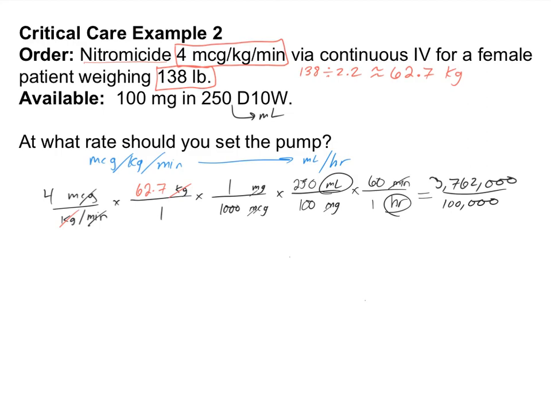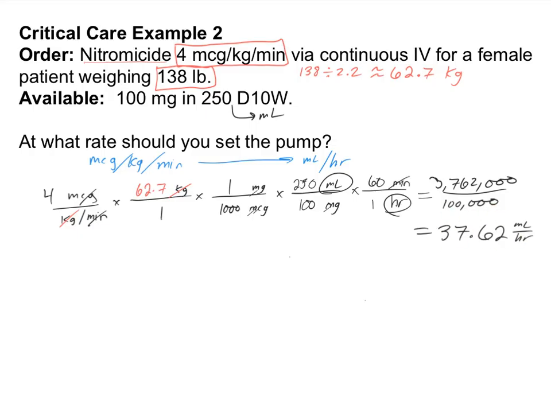So when I find that quotient, we get exactly 37.62, and that's milliliters per hour. That's the exact quotient, right? That's when I take this 3 million number and divide it by 100,000, I get exactly this.